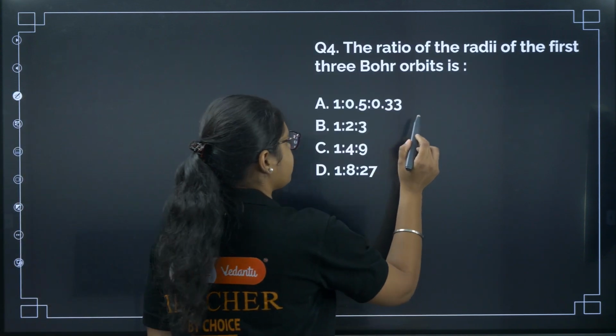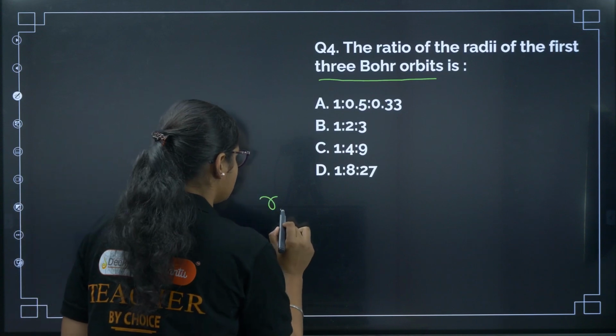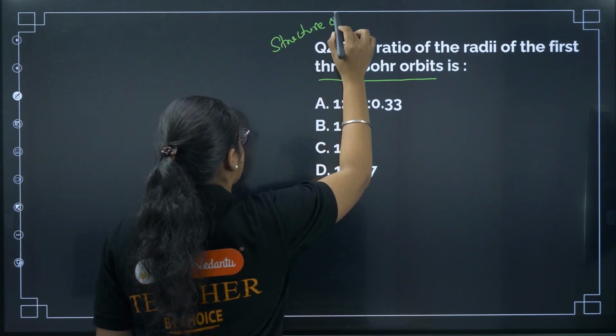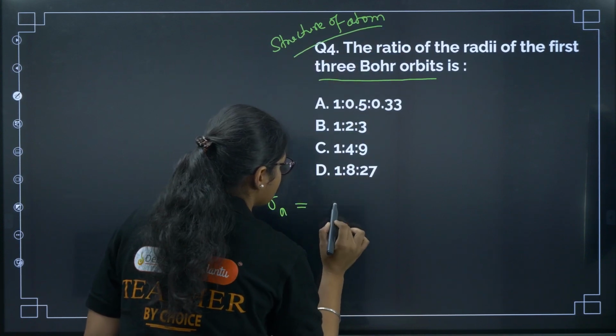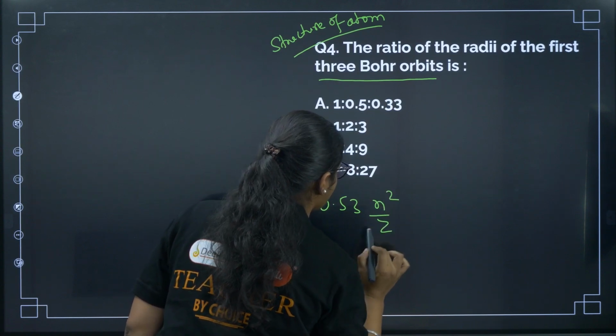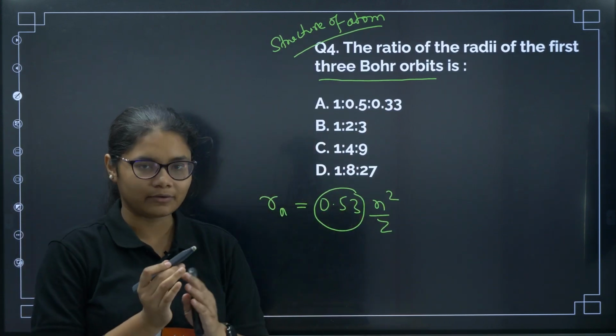The ratio of radii of the first 3 Bohr orbits. So what is the general formula of radius? This question is from structure of atom. Bohr's radius formula is 0.53 n square by z, right? This is the constant part, we need not worry, so Rn is proportional to n square.